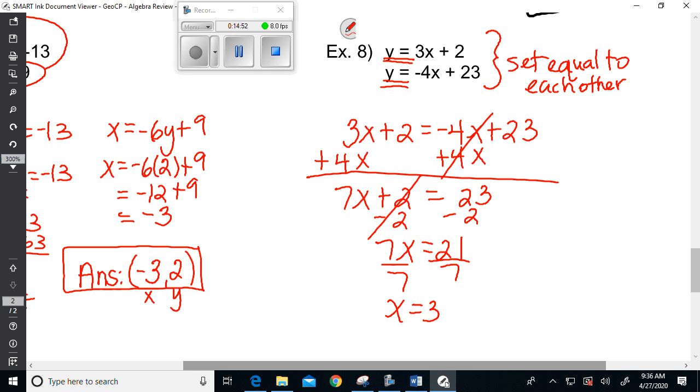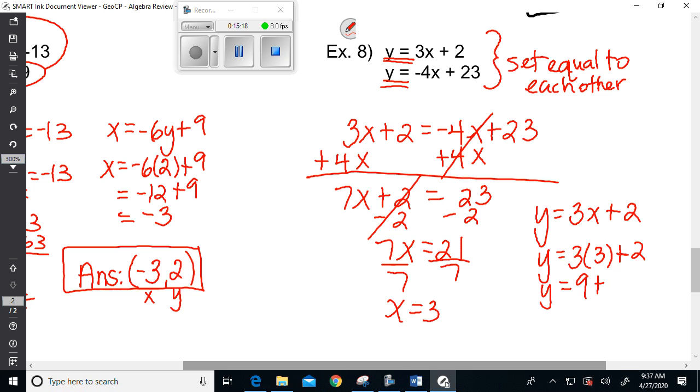So now we know what x is equal to. We have to figure out what y is equal to. You've got two equations. Pick one, plug it in, and solve it out. So I'm going to choose the first one. Y, felt like it. So you get y equals 3 times 3 plus 2.